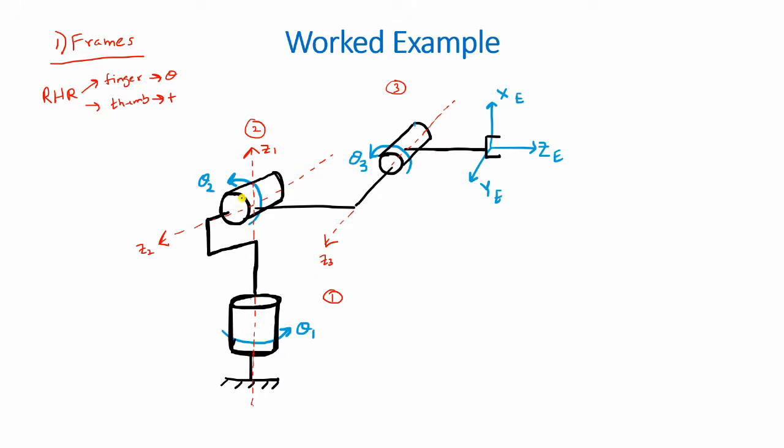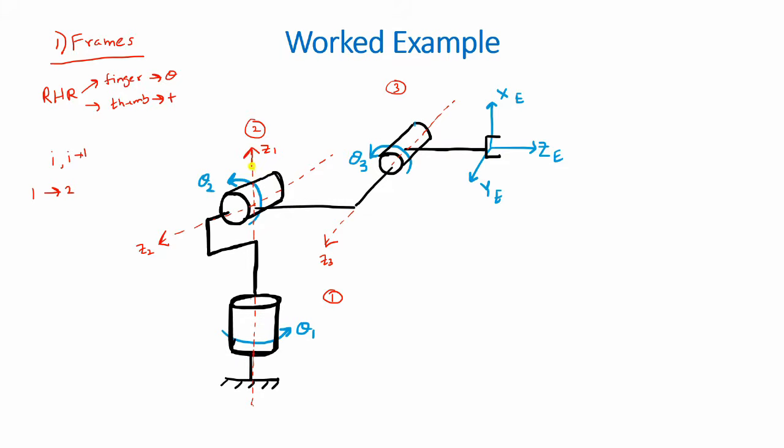Right. The next step would look at assigning the origin for each of our joint axes. Now again we will consider i and i plus 1. So when we look at joint 1, we consider joint 2. As the 2 joint axes intersect, the point of intersection becomes the origin for the first axis.